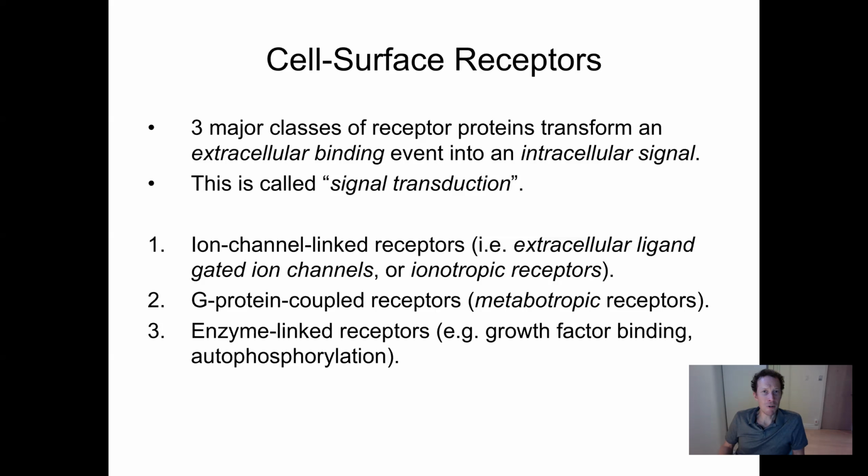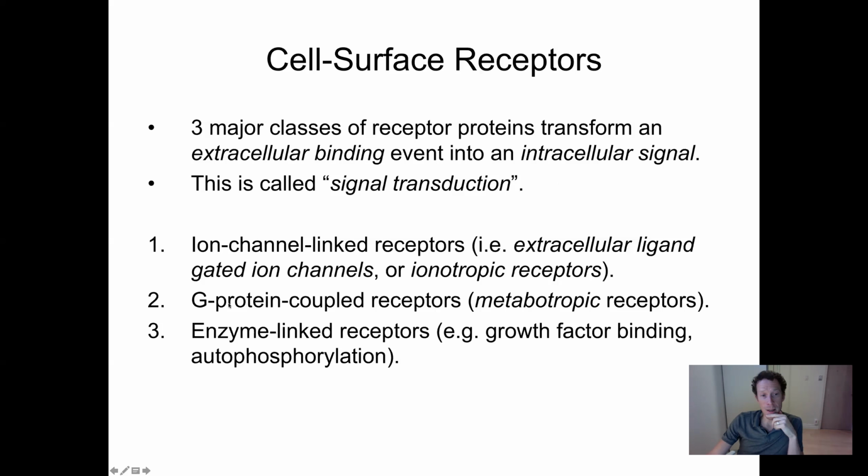So this is signal transduction, a term I've used already. And we're going to look at three major classes of receptor protein complexes that transform these extracellular binding events into an intracellular signal again. So something is outside the cell, it has information, it's a chemical. As soon as it binds to a receptor, it's now going to be transformed into something else. And we'll talk about that.